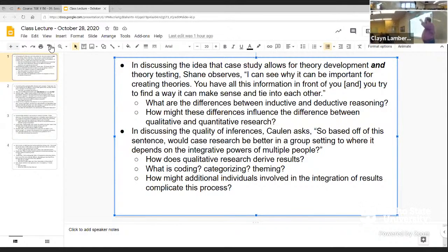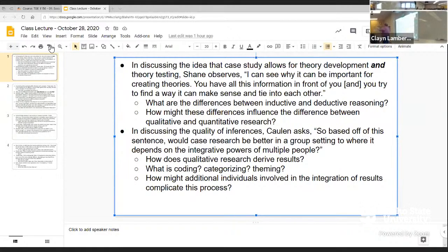Positivist theory can only come from theory. It can't create it. Why not? Okay, because the primary focus of experimental research is I'm testing theories that already exist. Right?